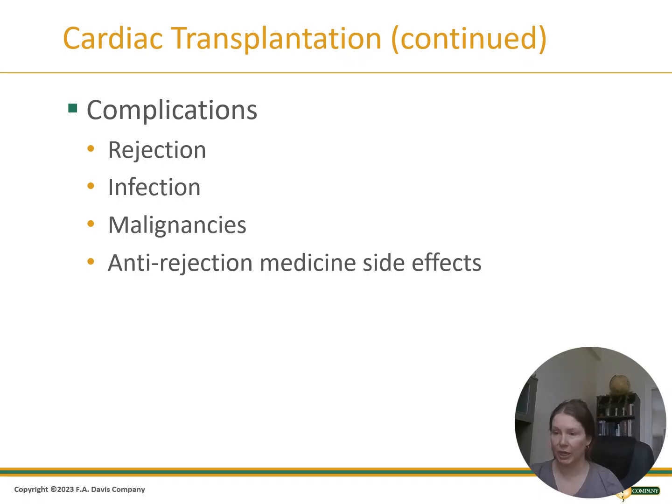To prevent rejection, we have those lifelong immunosuppressants that we need to take. Signs of rejection to look for are fatigue, shortness of breath, fever, and decreased cardiac function. These patients are getting a lot of labs and a lot of imaging.